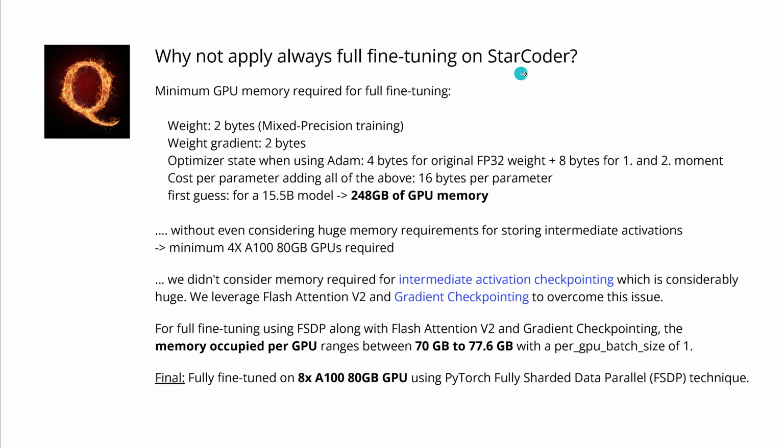Remember, we are using StarCoder, a 15 billion parameter pre-trained model. Great. And we haven't even considered intermediate activation checkpointing, flash attention 2, gradient checkpointing. So we even get a boundary condition on the memory occupied per GPU in our GPU node. And now the memory per GPU is about 70 to 78 gigabytes.